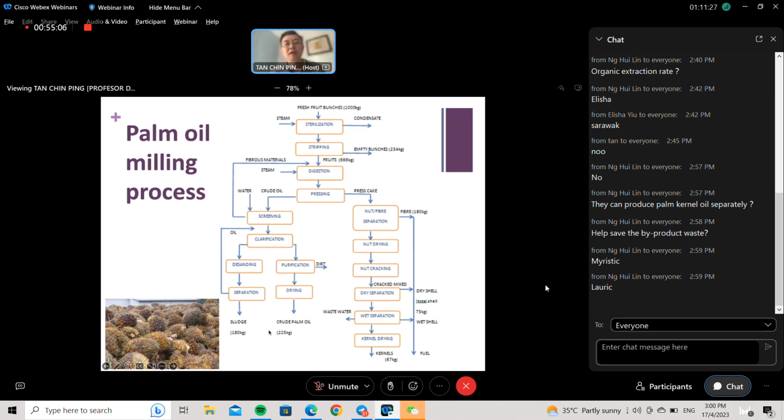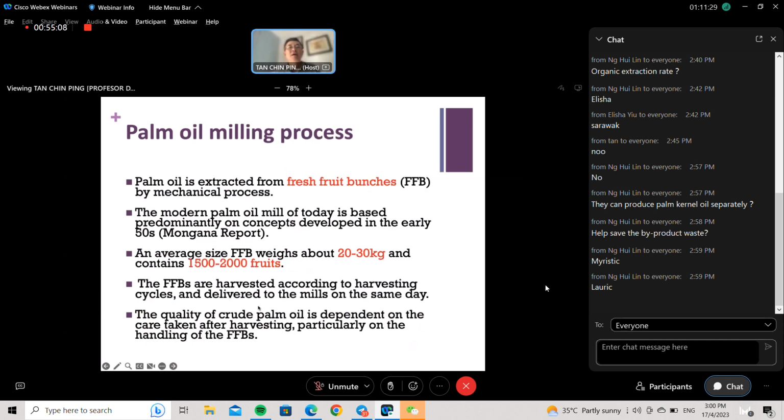Okay. So in the mills, we have the raw material of the mill, which is FFB. That is actually the raw material. Extraction of palm oil from FFB is a mechanical process, which means that it's a physical process.